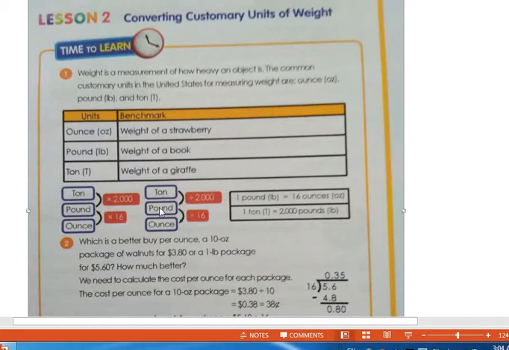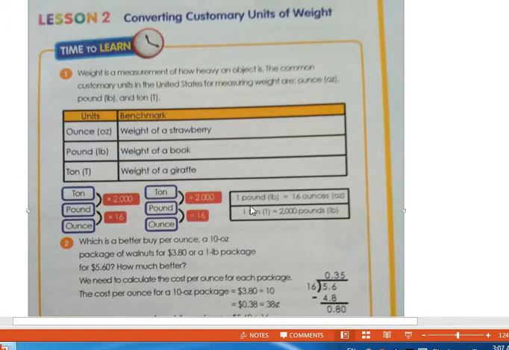Here I have the conversion table. From ton to pound, multiply by 2000. From pound to ounce, multiply by 16. From ounce to pound, divide by 16. And from pound to ton, I divide by 2000.